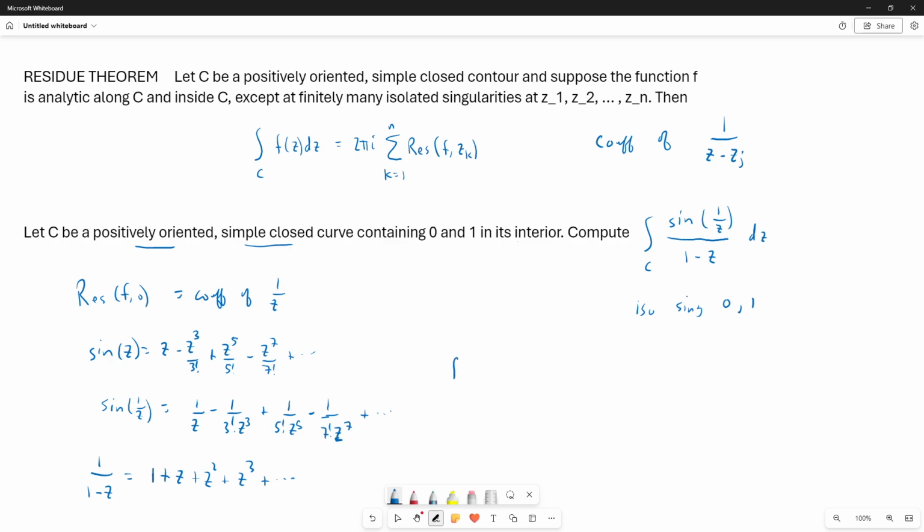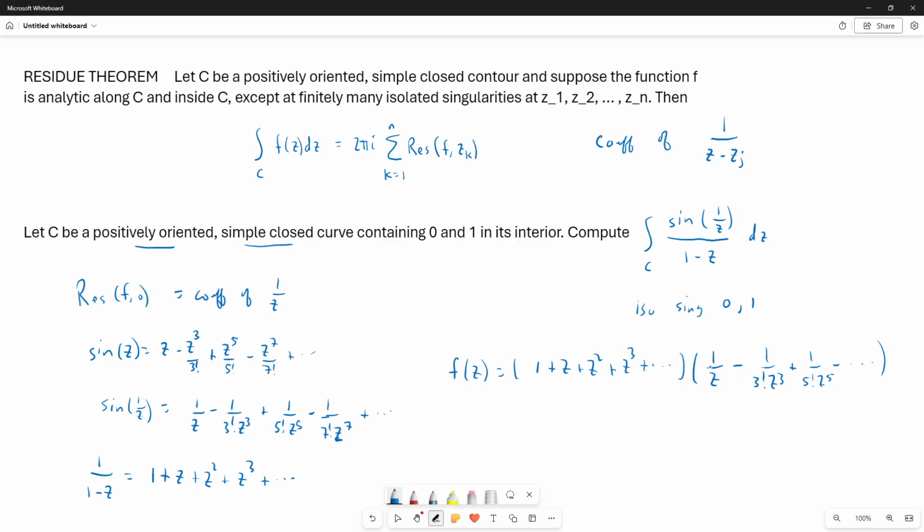So f of z is equal to this geometric series times this series for the sine of 1 over z: 1 over z minus 1 over 3 factorial z cubed plus 1 over 5 factorial z to the 5th, etc. And we don't need to know the total product here.